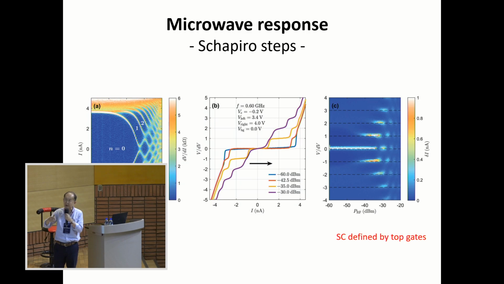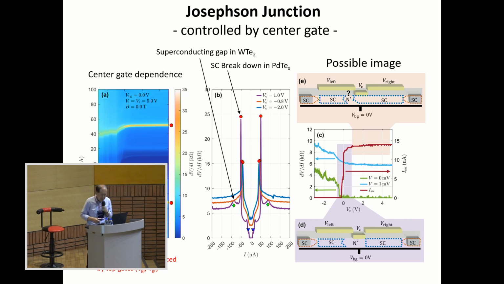So this means that ordinary standard Josephson behavior is observed. So that doesn't mean there is any indication of a topological Josephson junction.